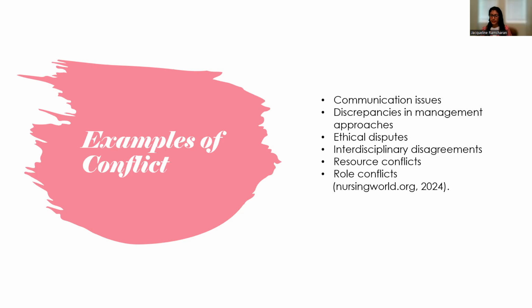So some specific examples of these include a conflict may exist between the advanced practice registered nurse and the physician, and they may have a disagreement regarding the patient's plan of care, which can cause strife and tension between these two individuals. Or there may be communication issues which lead to a lack of pertinent information, or even wrong information may be conveyed from, let's say, the front desk staff regarding a patient condition or a patient request.